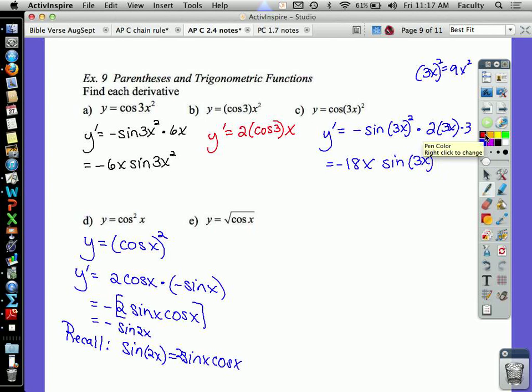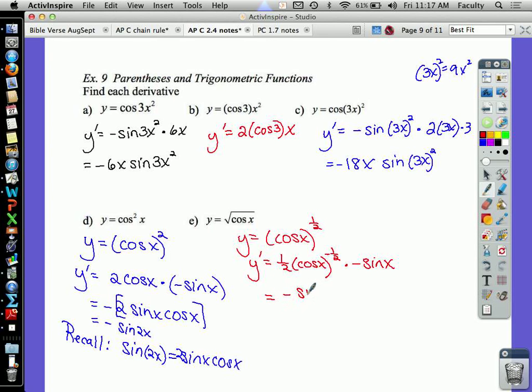All right, how about in letter E? y equals the square root of cosine x. I think what I would like to do first is rewrite it as y equals cosine x to the 1/2 power. So then if I go to find the derivative, the outside function is the square root, so I'm going to bring down the power, decrease the power by 1, and then find the derivative of the inside.